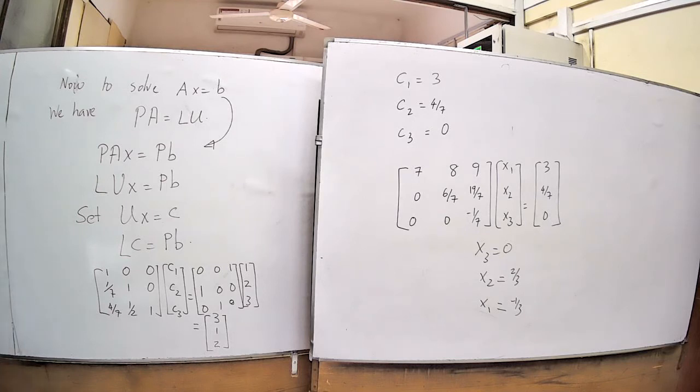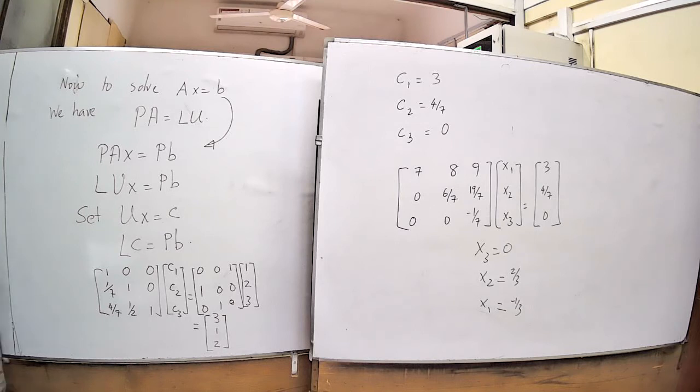Right? So these are two types of factorizations which we study, and two types of elimination: Gaussian elimination, and that leads to A is equal to LU factorization, and then Gaussian elimination with pivoting, that leads to PA is equal to LU factorization.